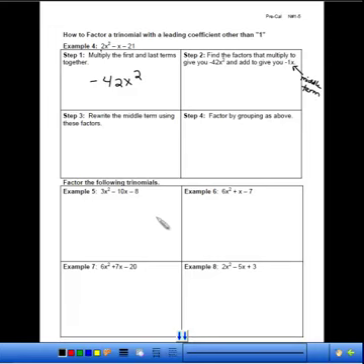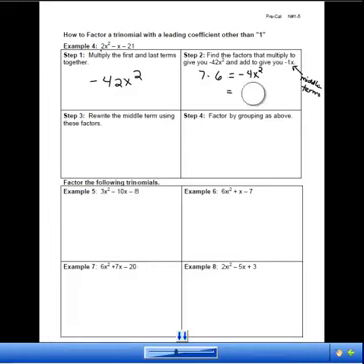So, we need factors that will multiply to be negative 42x squared. Well, think of the factors of 42. One of them is 7 times 6. They need to add to be negative 1x.